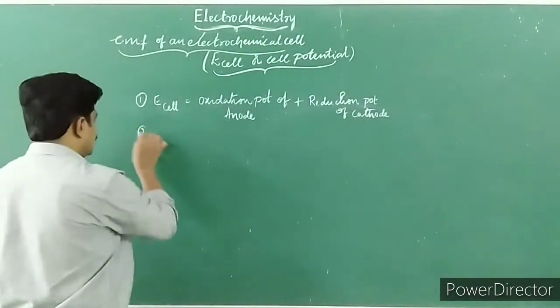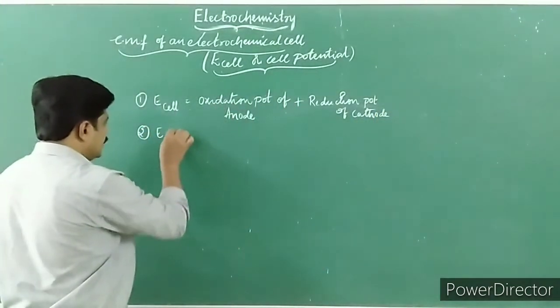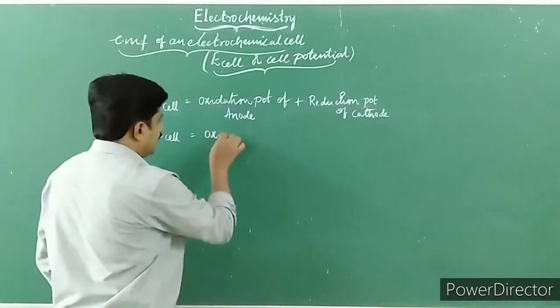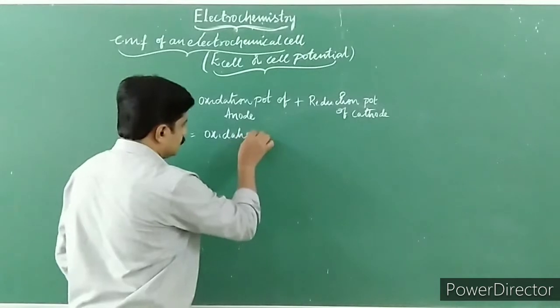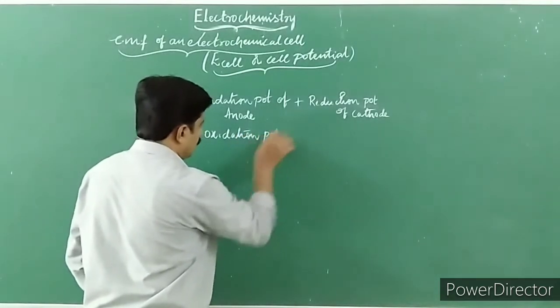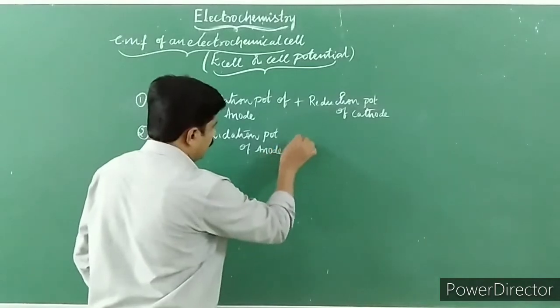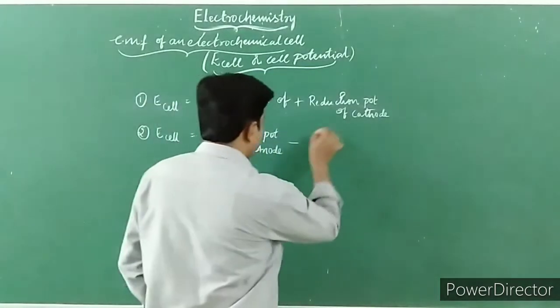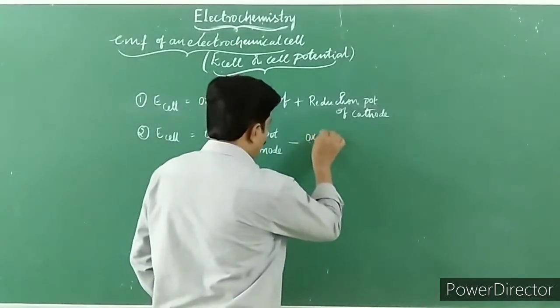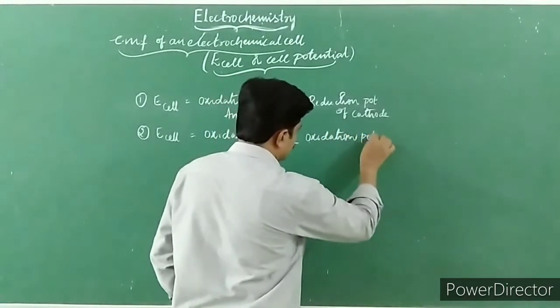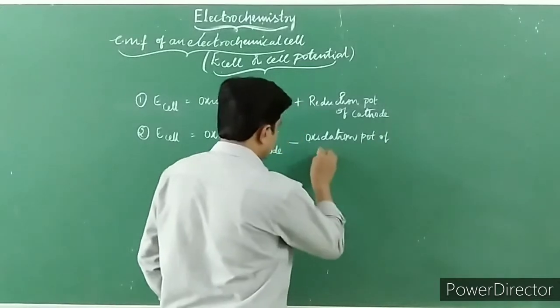Second one, E cell is equal to oxidation potential of anode minus oxidation potential of cathode.